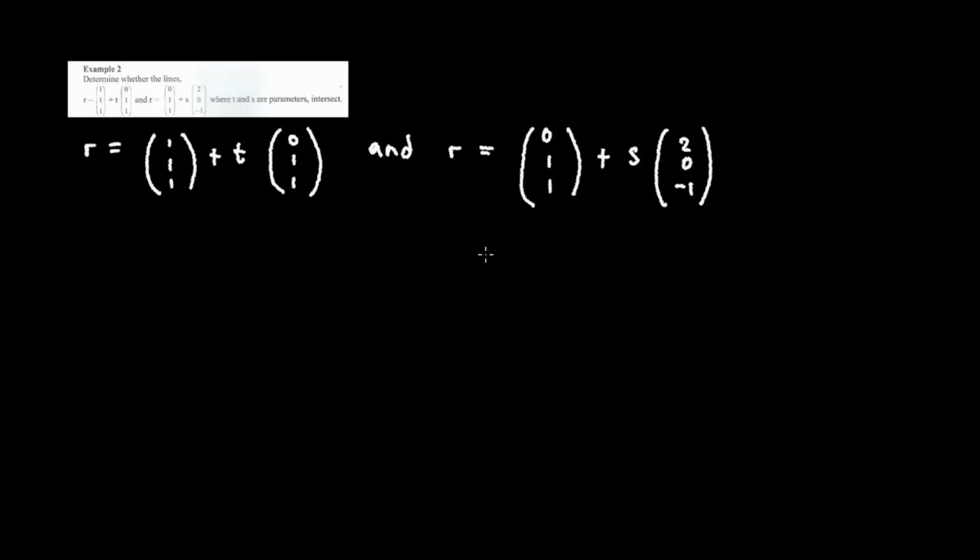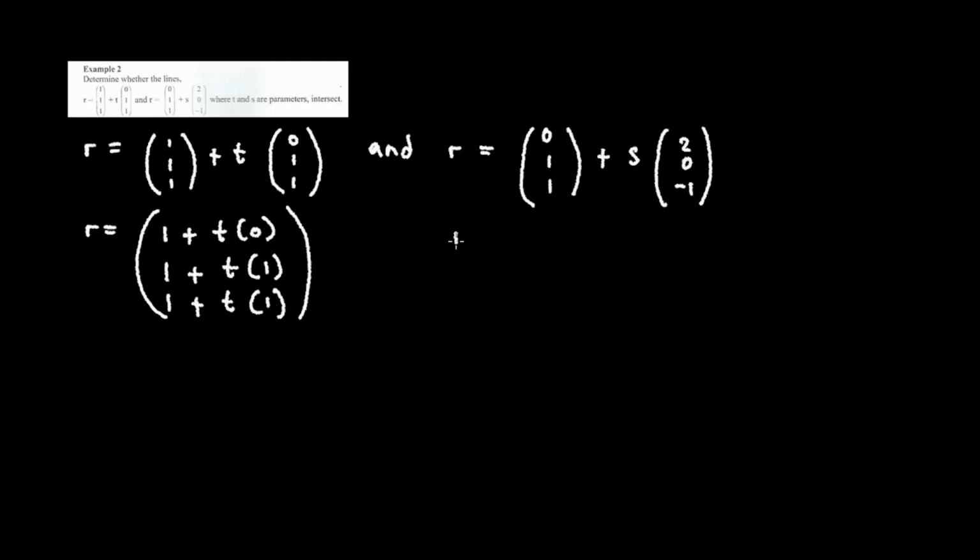So our answer is either going to be the lines intersect or the lines are skew and do not intersect. So let us work through this. Let us start by simplifying this. r is equal to 1 plus t multiplying 0, 1 plus t multiplying 1, 1 plus t multiplying 1.